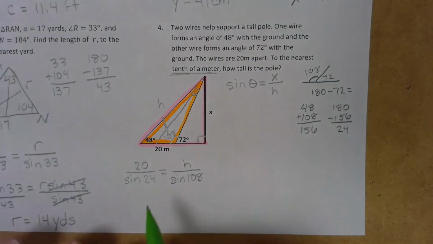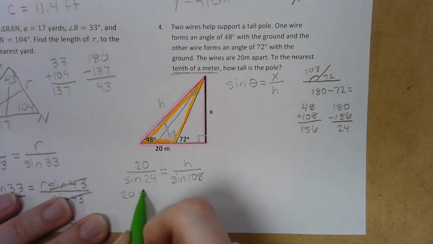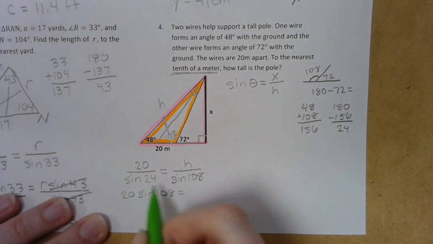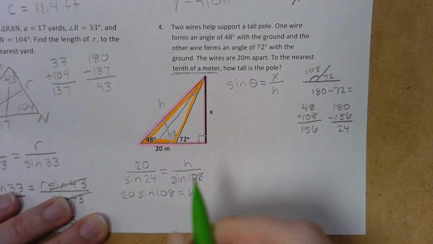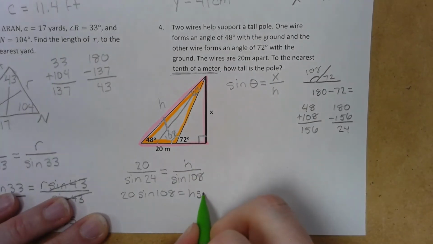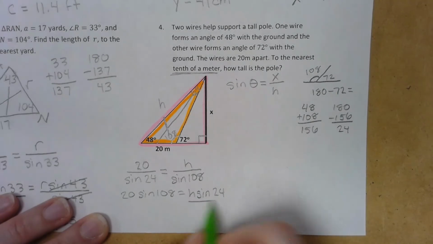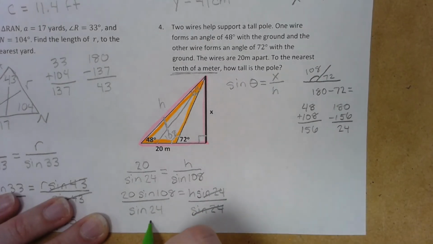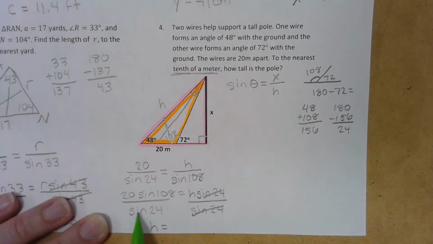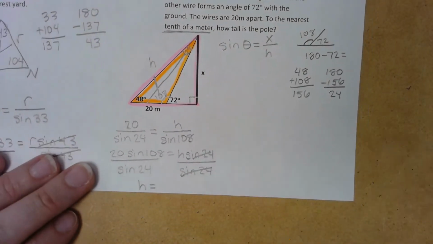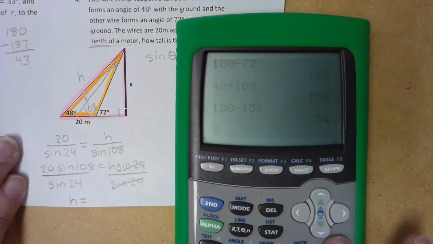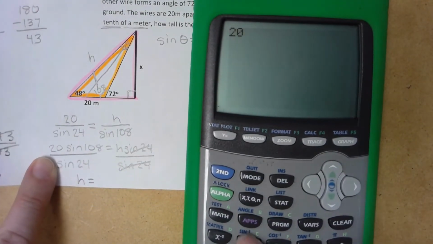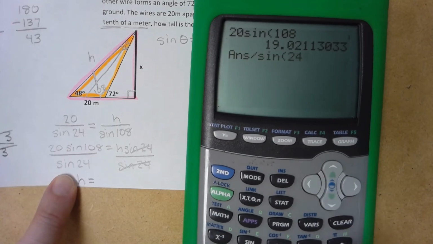Let's cross multiply to solve. So we've got 20 sine of 108, and then the other cross multiplication is h sine of 24. We will divide by sine of 24, and that will get our variable by itself. So we will be able to say h equals, and once our variable is by itself, we type all of that into our calculator. So we want 20 sine of 108, and then we're going to divide that by sine of 24.